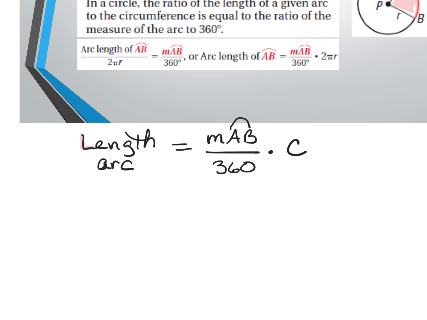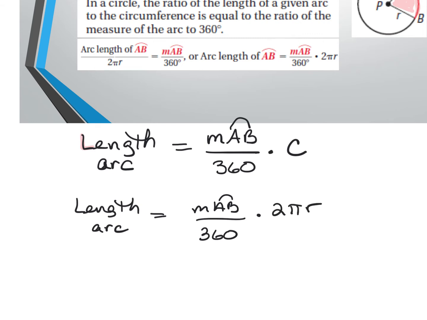But other questions are going to say, find the arc length. And they're going to give you the measure of the arc, and they're going to give you a radius or a diameter. So if they ask you to find an arc length and they give you a radius, then you can use this formula.